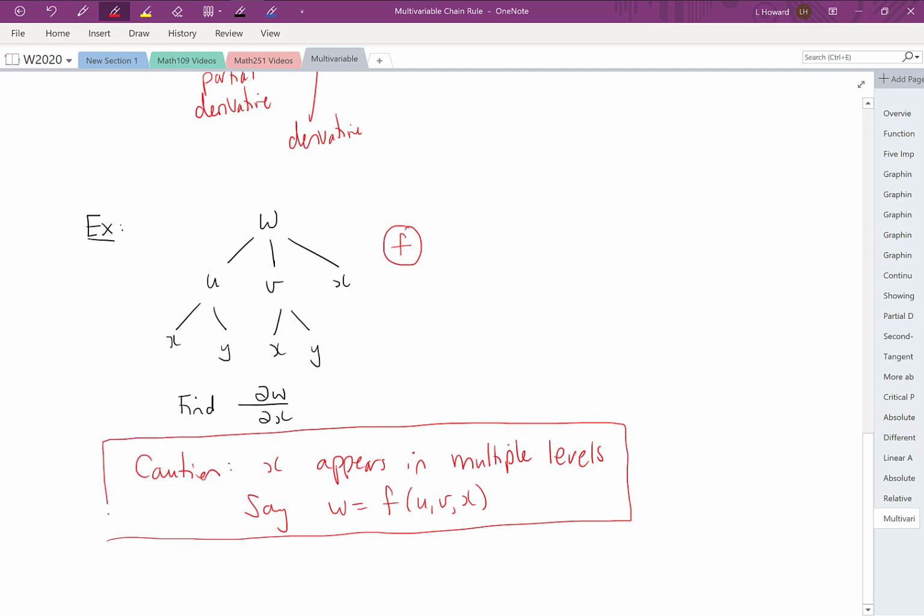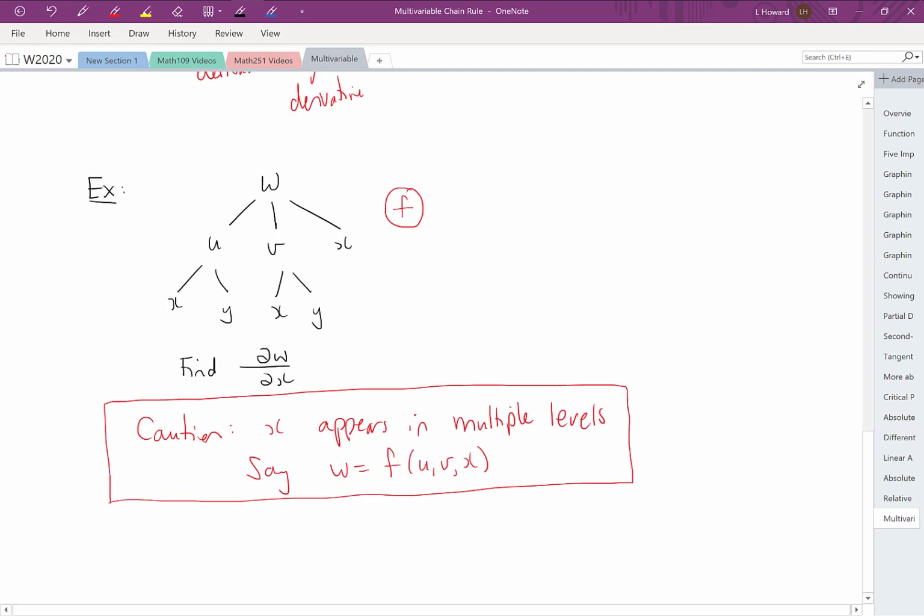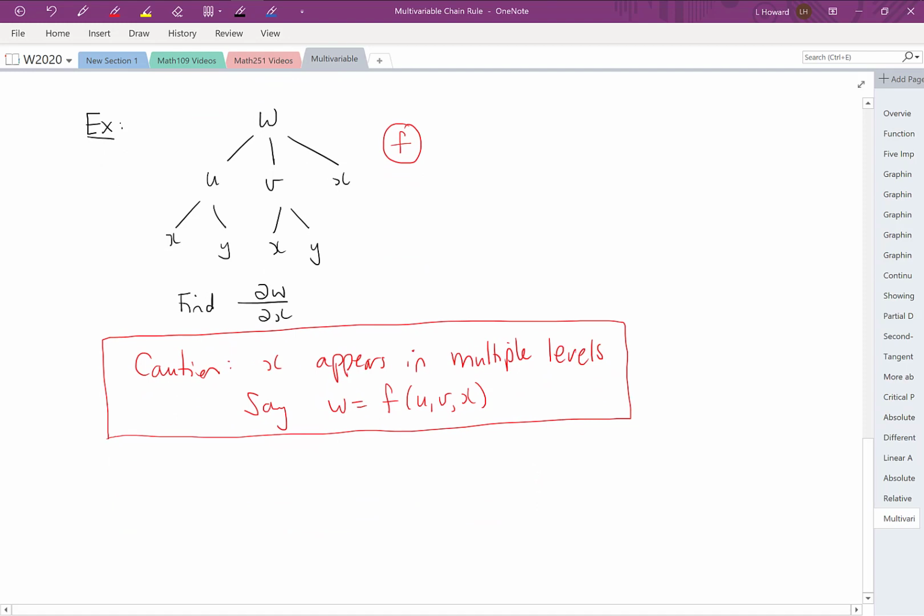Okay, so let's try our usual thing of writing out our partial derivative, and we'll see what goes wrong here if we just follow our previous procedure. So we want to find the partial derivative of w with respect to x, and that means we need to look at all the paths that go from w to x in the diagram. So there's one that goes through u, there's another one that goes through v, and then there's a third shorter one where w just goes directly to x.